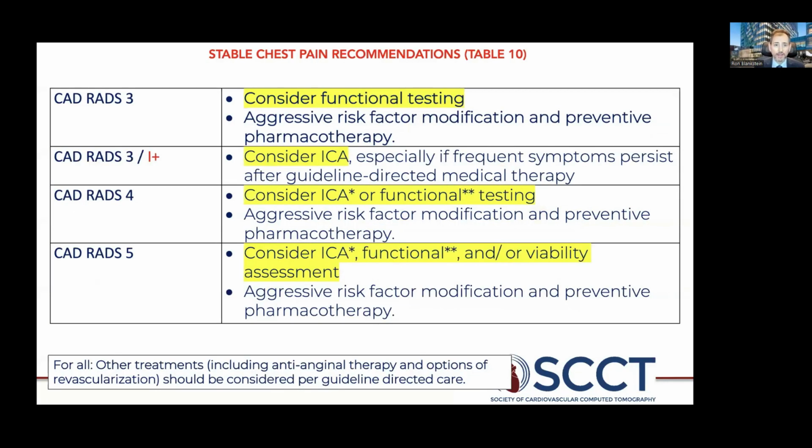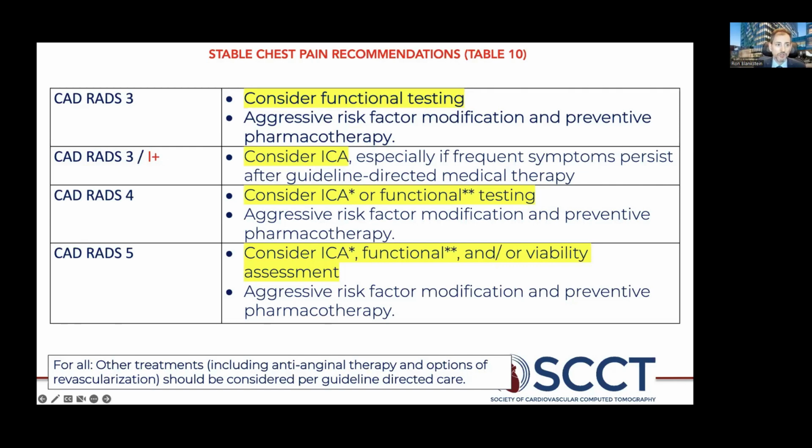Now in table 10, if I now focus on CAD-RADS 3 and above, this is now patients that have obstructive disease. For CAD-RADS 3, similar to the prior CAD-RADS, we are recommending functional testing, so nothing that's different there. And I think this is important. We're not recommending cathing moderate stenosis.